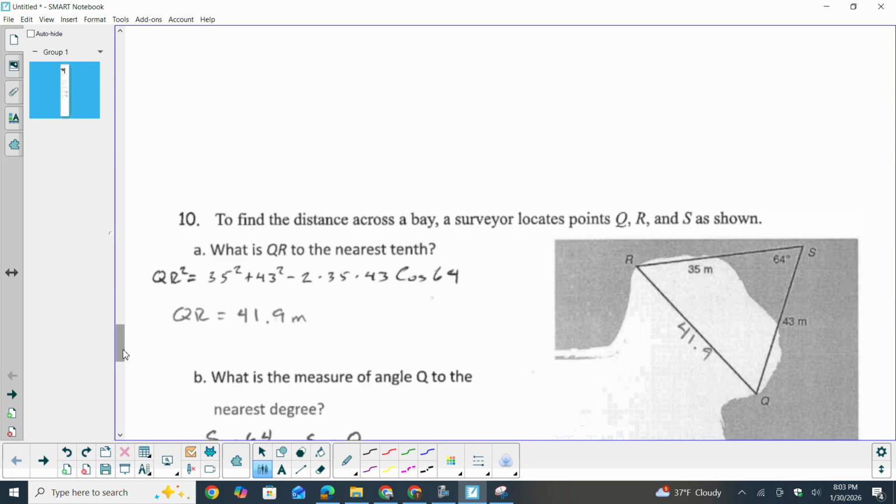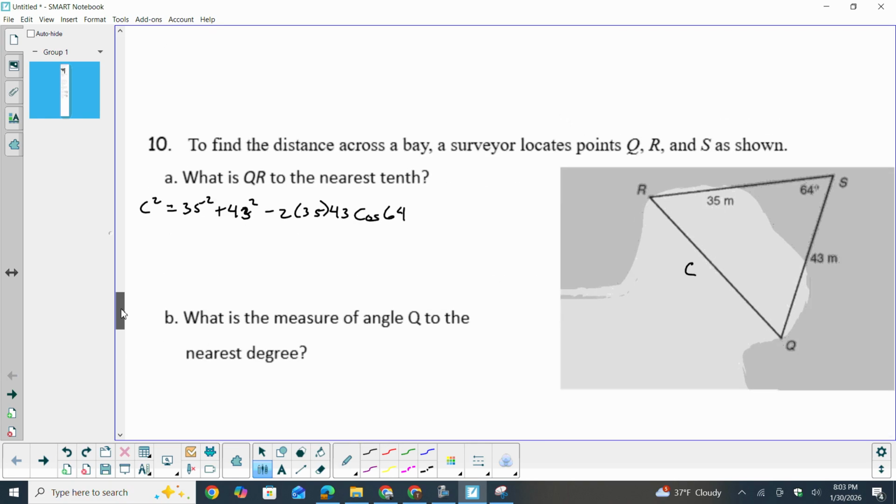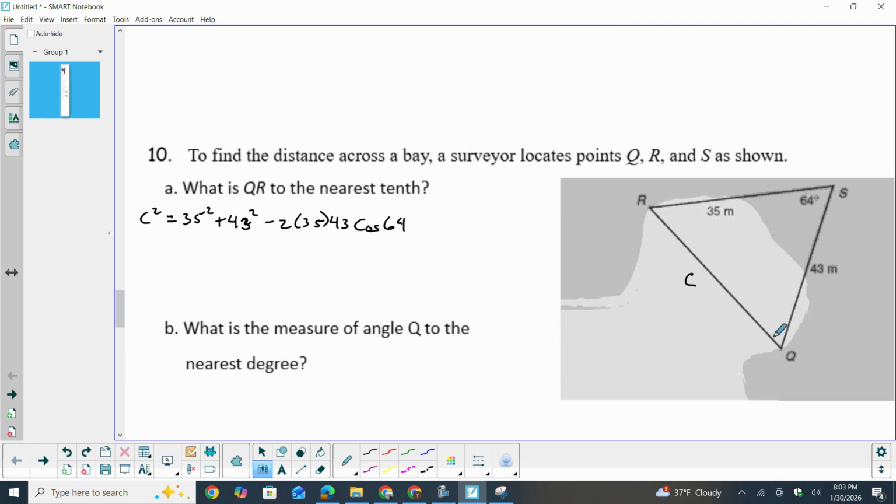Okay, what's the measurement of angle Q? Looking at angle Q, I want this angle over here. So now you have two options. You have this side over here now. I have three sides. I could do the law of cosines, call this capital C, which would make this little c.